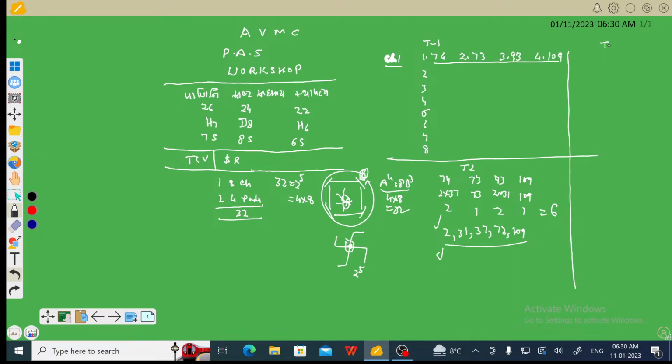These primes deserve to be compiled further. This will be 4th, 5th, 6th, 7th, and 8th.